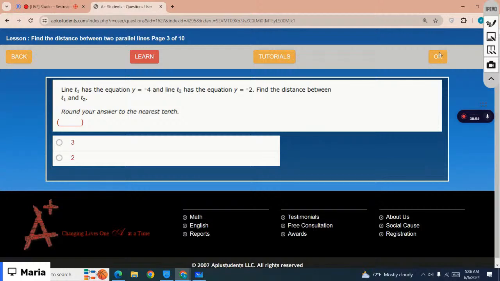Line L1 has the equation y equals -4 and line L2 has the equation y equals -2. Find the distance between L1 and L2. So which is the correct option?